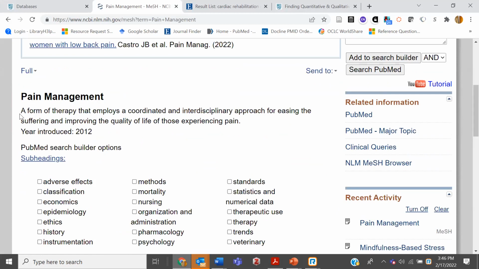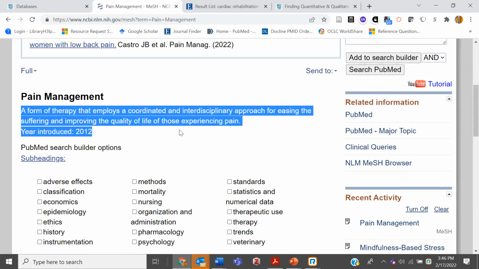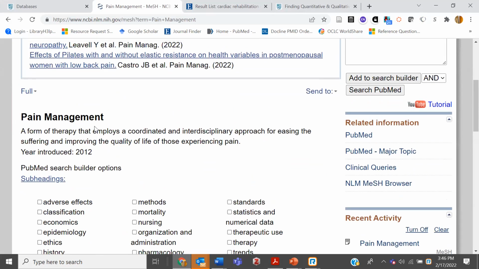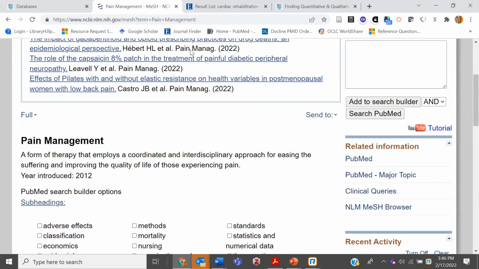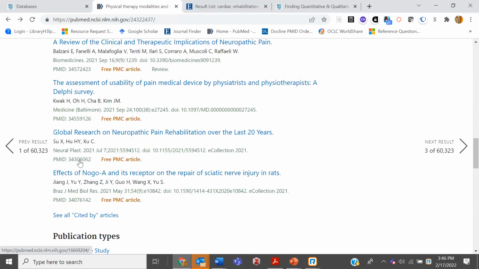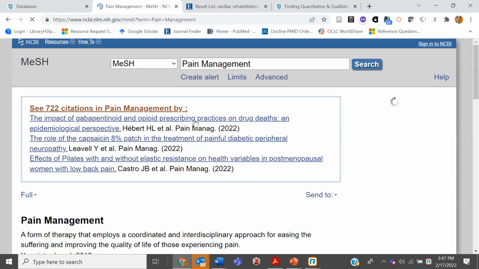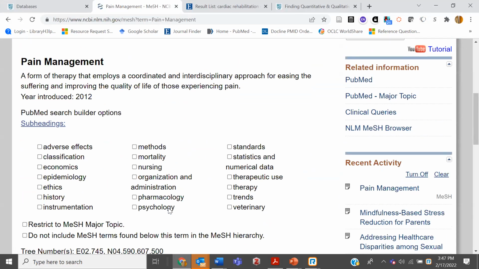So we have pain management, it's given a definition, and this is how anybody who's indexing an article in PubMed is going to apply that term. When you're viewing this, you can click on it like I just did from the list of MeSH terms in a single article. You can click on that and search in MeSH, and it'll give you the definition of how that subject term is used.